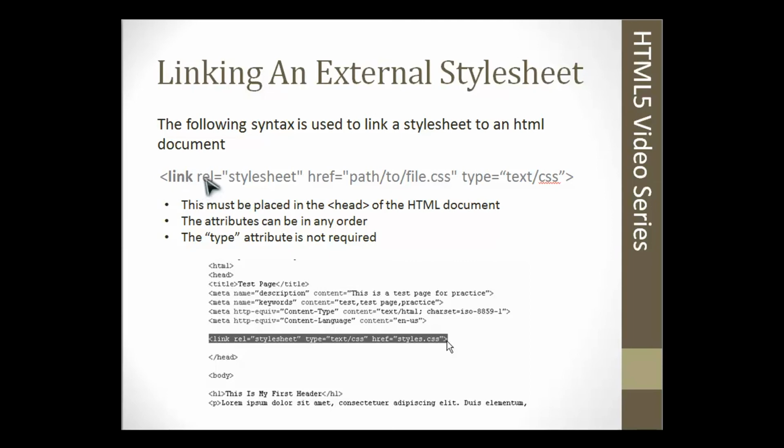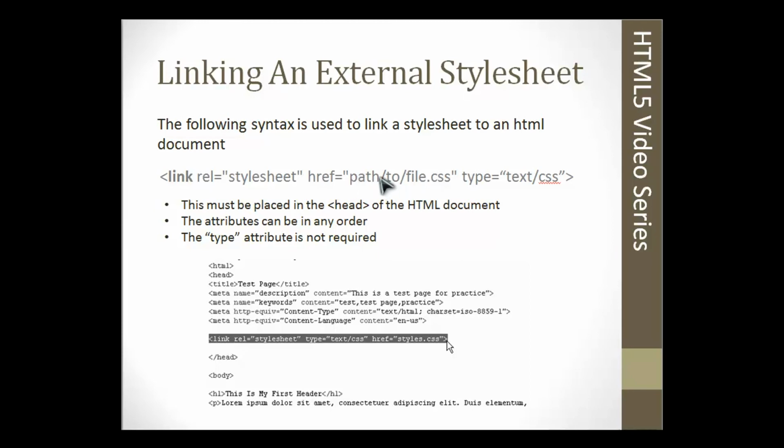So we have a link tag, and the link points another file to the HTML document. And we have the rel attribute, and we just want to put stylesheet inside of it. And next we want to link the file. So if you have the CSS file in the same folder as the HTML document, you would only need to put file.css, or whatever you named it, .css.